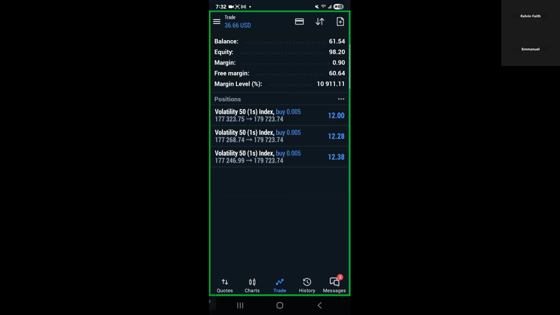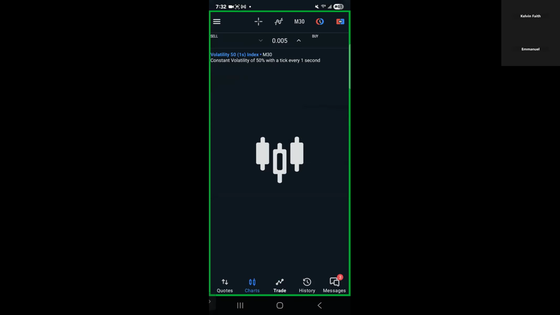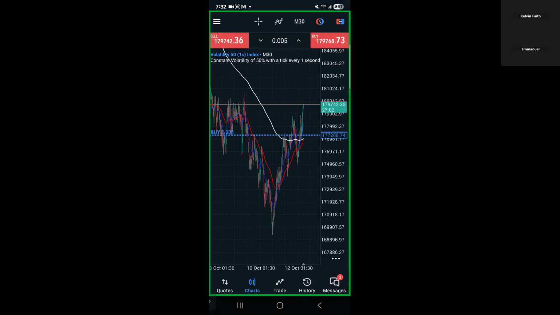This is the trade right now. These are the entries.